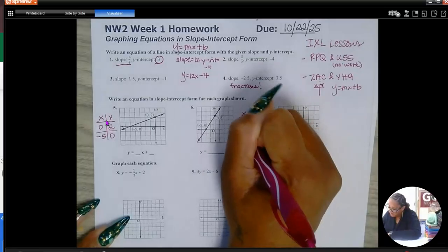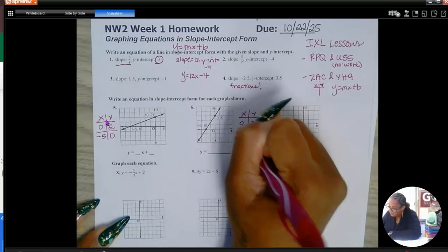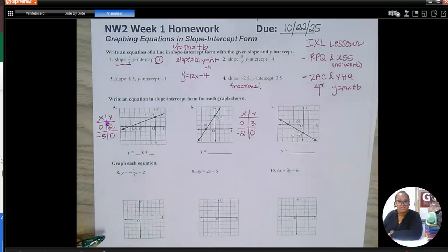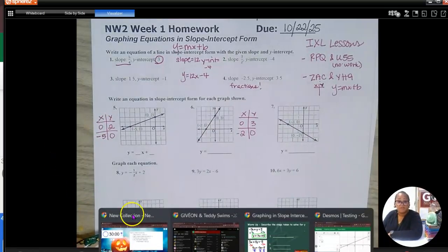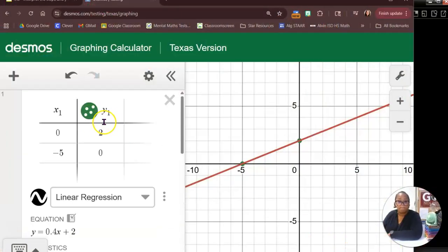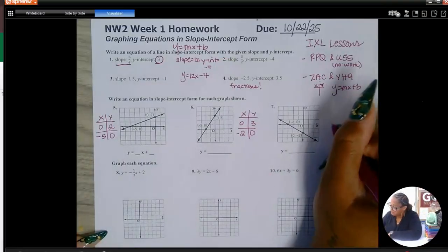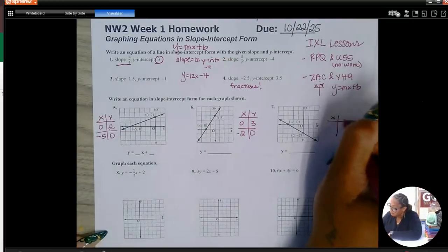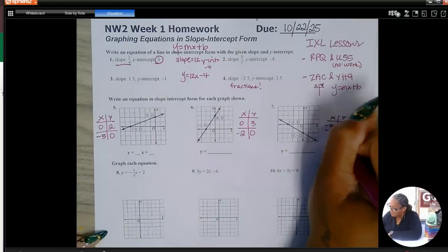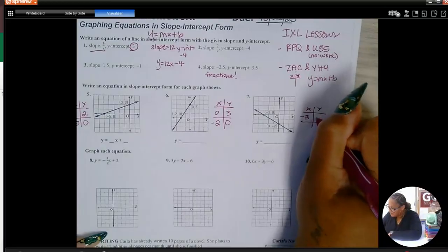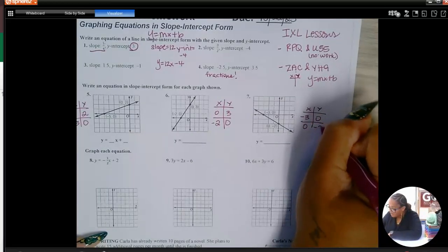X, Y, 0, 3, -2, 0. This goes straight into Desmos. All of the things should already be there. The only thing you would need to do is change these points. Same for this one: -3 and 0 and 0, -2.